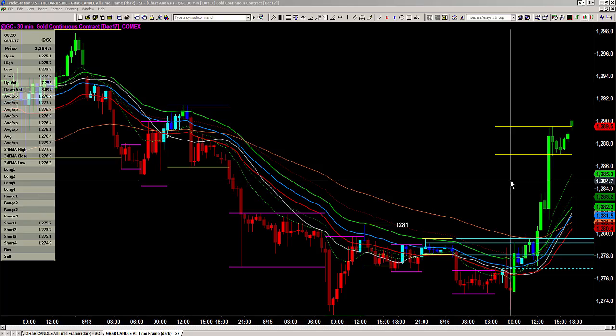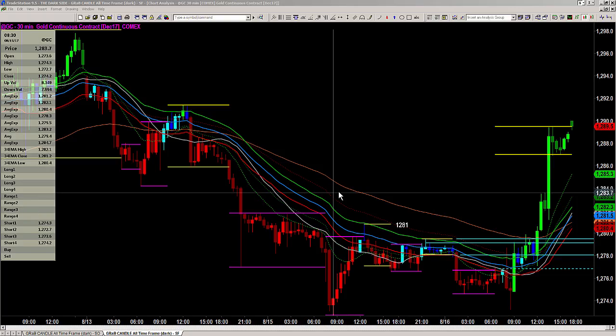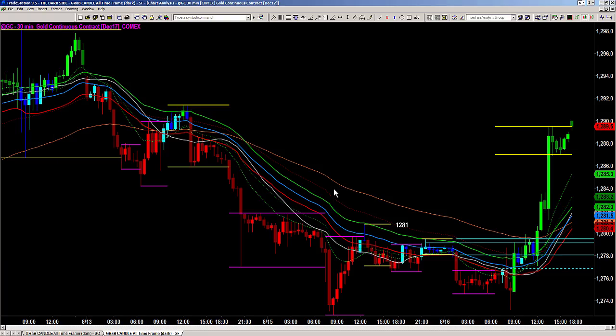This low here was 1273.2. This low was 1272.7. You could easily put a 1272.3 order in there as a stop. You really just want to make sure your stop is just on the other side of the support of the chop. This would be too close, but ideal here or here.